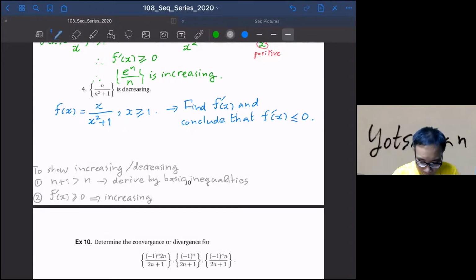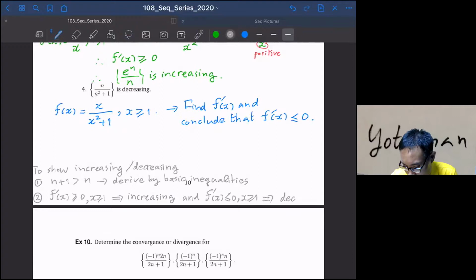And this one is going to be only for x more than 1. So you have x greater than or equal to 1, and if f prime of x is negative for x more than or equal to 1, it will give you decreasing.